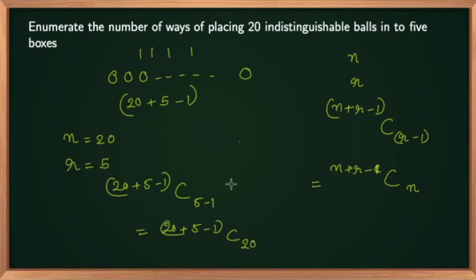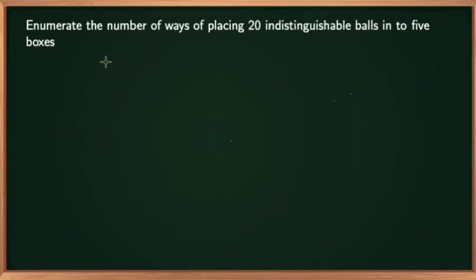So that is equal to 20 plus 5 is 25, 25 minus 1 is 24 c 4, or that is also equal to 24 c 20.